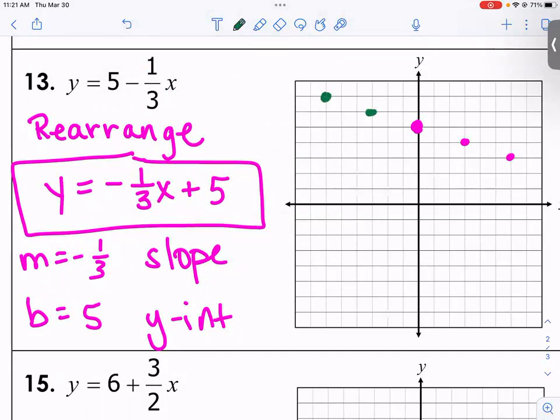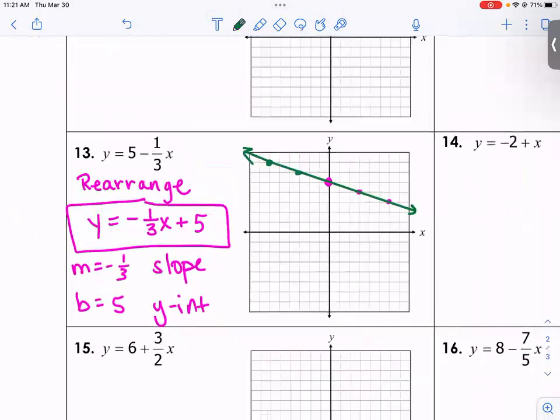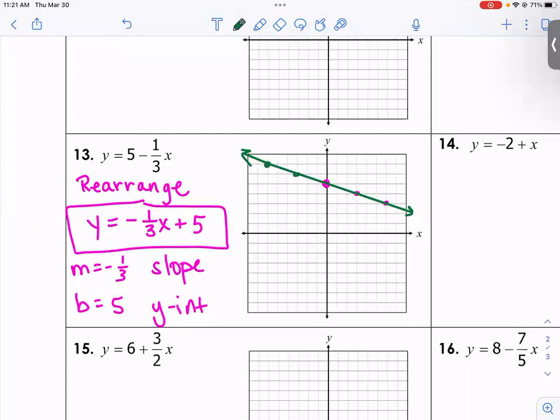It doesn't matter as long as you're going rise over run, 1 and then 3, and you're making sure your line falls from left to right. Okay, grab an expo marker.